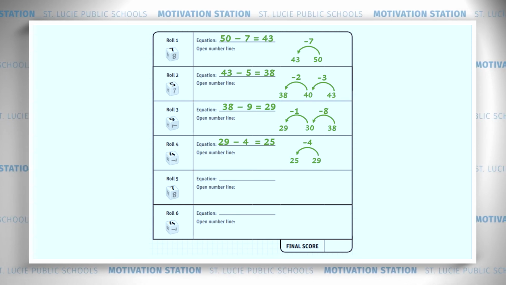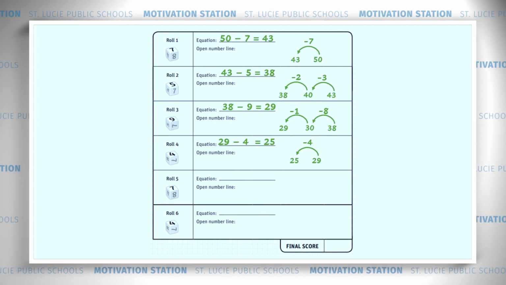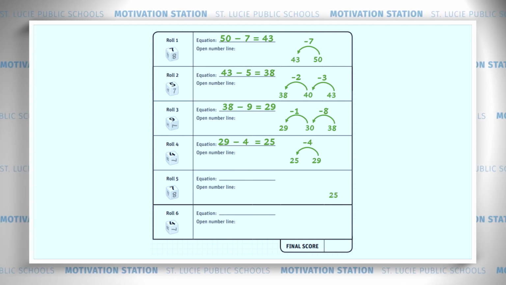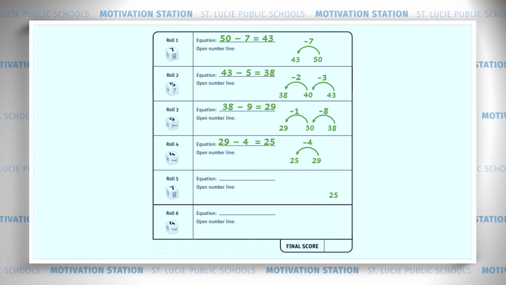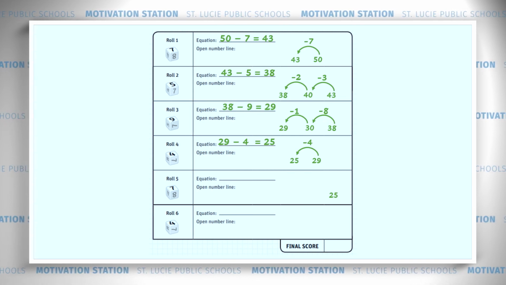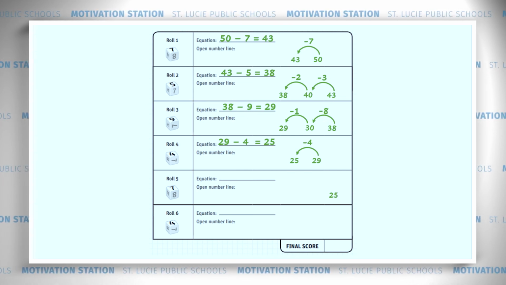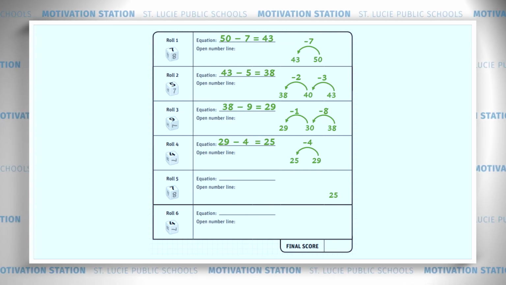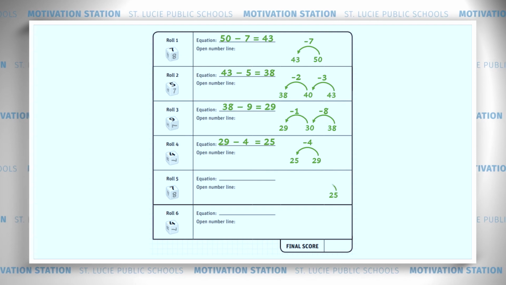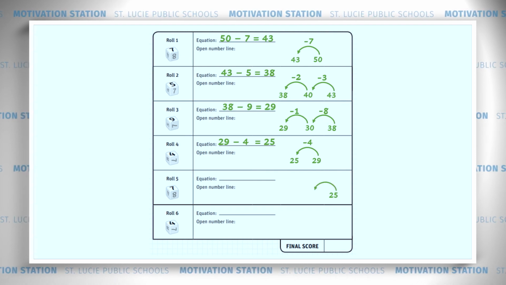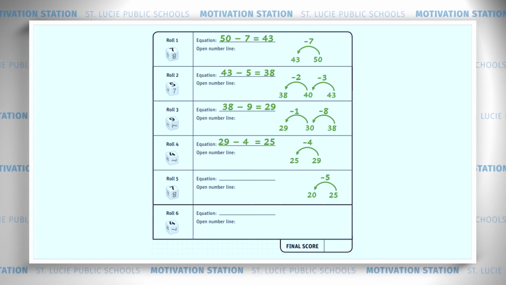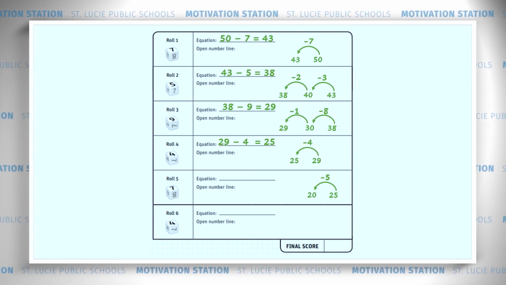Okay. Roll 5. I'm starting with my answer, which was 25. I rolled a 7. Well, 7 is more than 5, so this is a 2 jumper. So my next 10 down from 25 is 20. So I'm going to subtract 5 to get to 20. So I draw my arrow back, minus 5 equals 20.